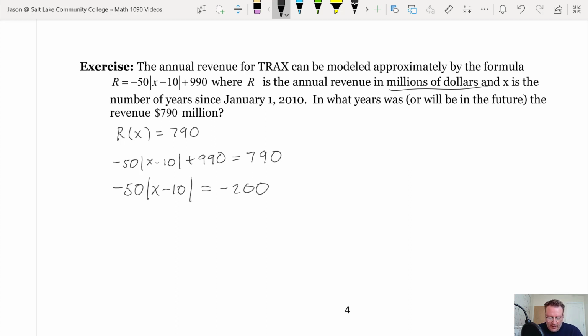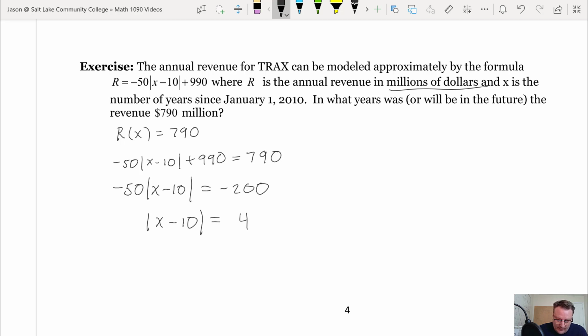Okay. Now I'm going to divide both sides by negative 50. And now this is an equation, so I don't have to worry about flipping any directions of inequalities. When I do that, I get the absolute value of x minus 10 is equal to, let's see, 200 divided by 50 is 4. Okay, now that I've solved the equation to a point where I have just the absolute value on the left and some constant number on the right, I can break it up into two pieces.